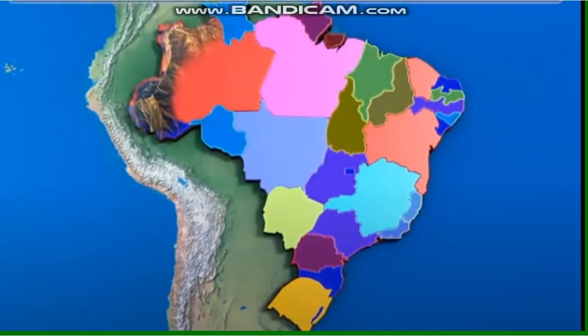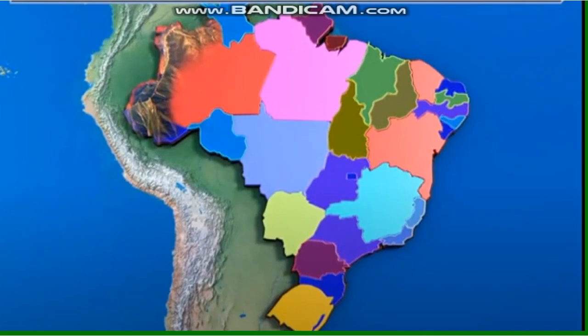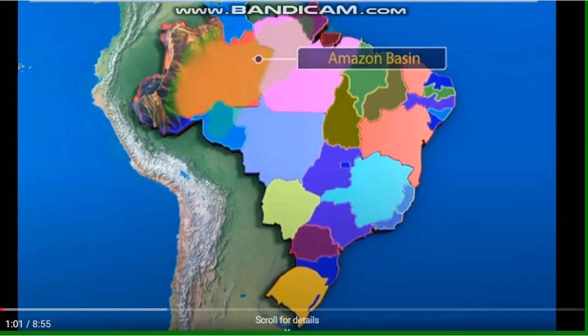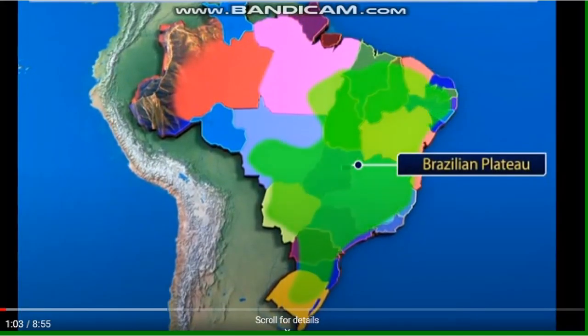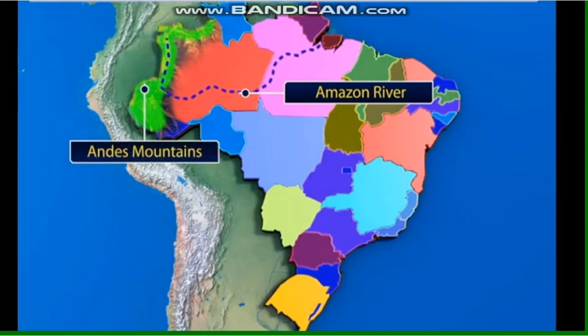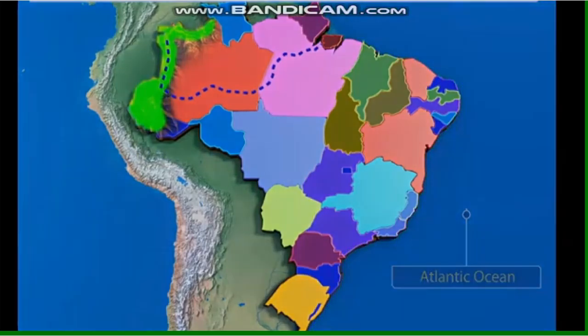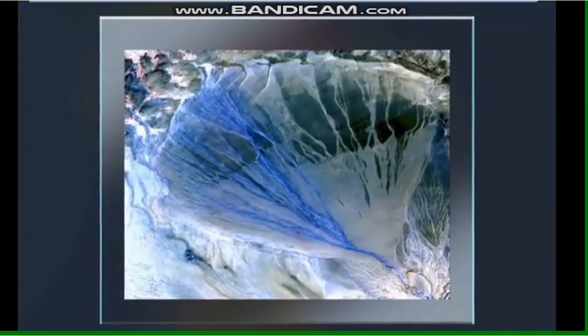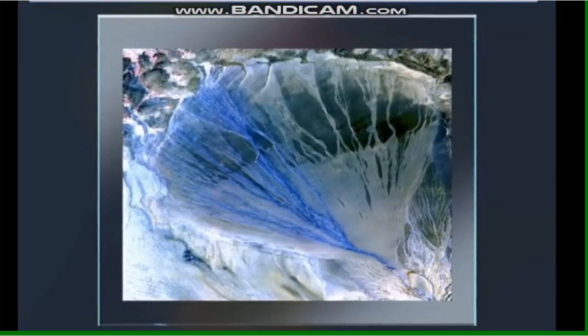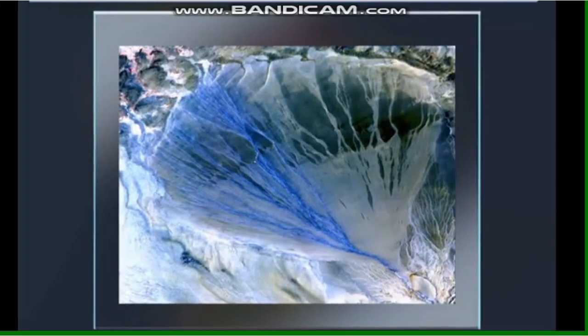Brazil can be divided into two physiographic regions, the Amazon basin and the Brazilian plateau. The Amazon River rises in the Andes Mountains. It flows towards the east and meets the Atlantic Ocean. The alluvium brought by the Amazon and its tributaries gives rise to a flat plain in the northern part of Brazil.